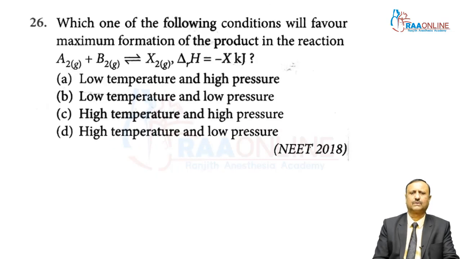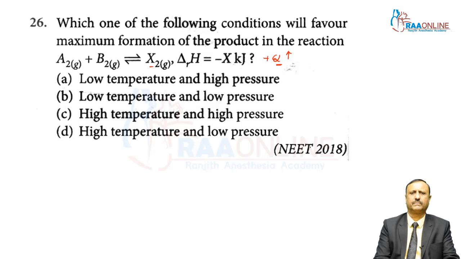Now we can see question number 26. Which one of the following conditions will favor maximum formation of the product in the reaction? Here you can see delta H is negative, meaning the reaction is exothermic. When the reaction is exothermic, the product wants low temperature.